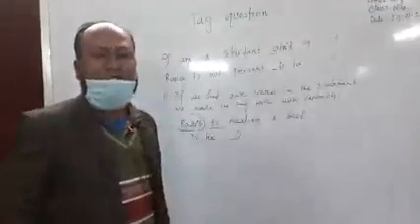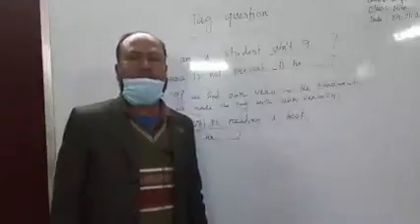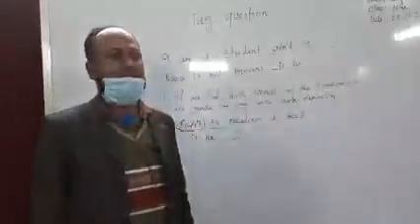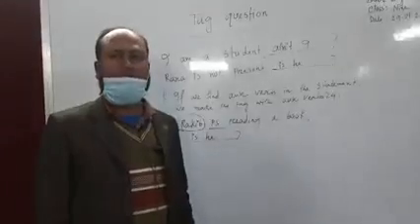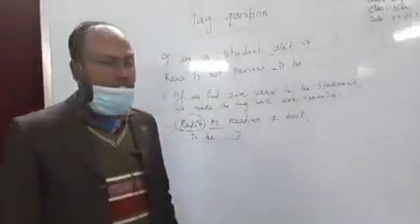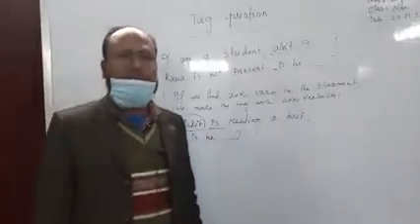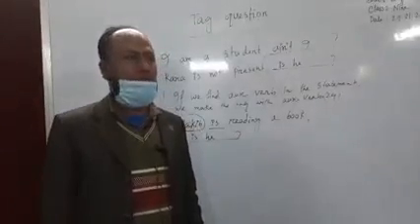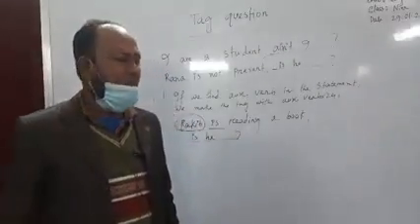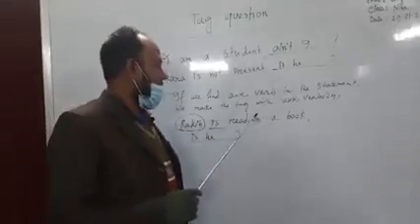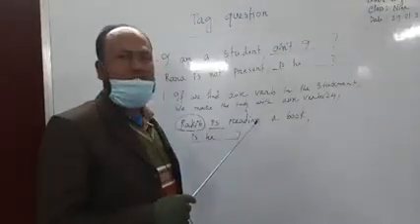How many auxiliary verbs are there in English? There are 24 auxiliary verbs in the English language. That means am, is, are, was, were, shall, should, can, could, may, might, etc. That has been given in your assistant books.